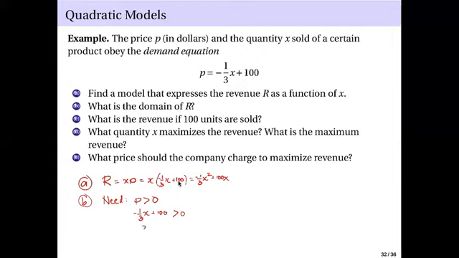But this means your negative 1/3 x will be greater than negative 100. And then if you multiply by negative 3 on both sides of the inequality, you will have x must be less than 300. Your x must be less than 300.